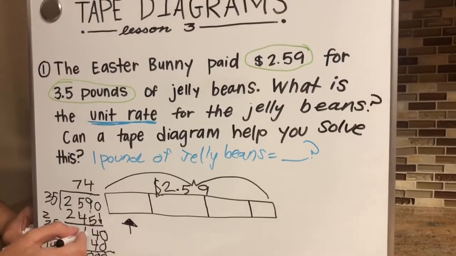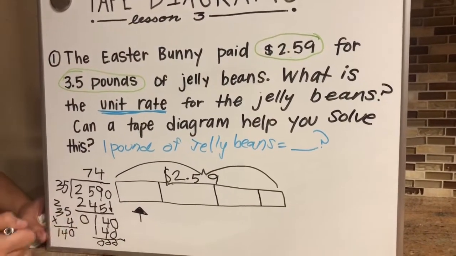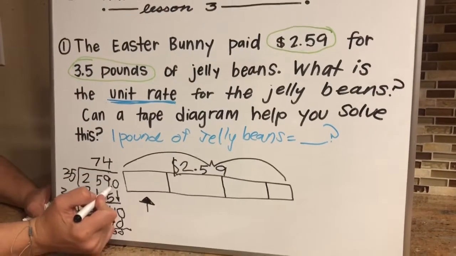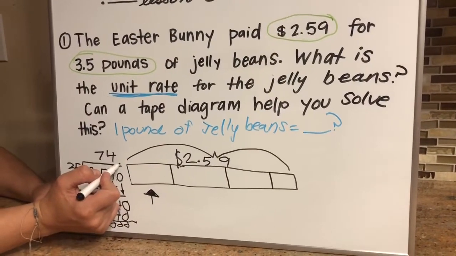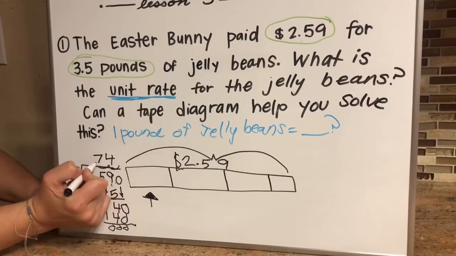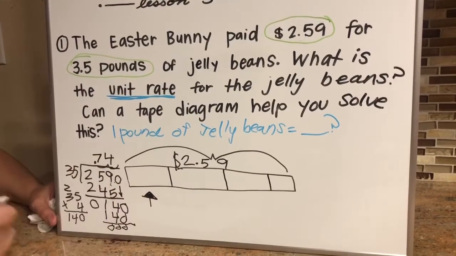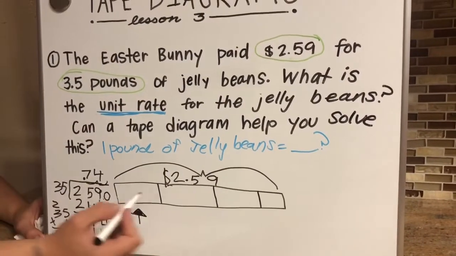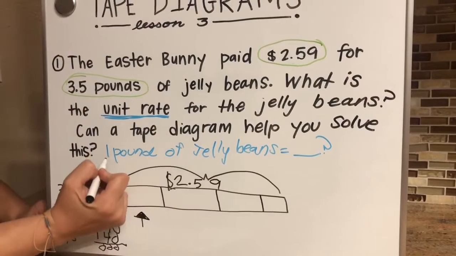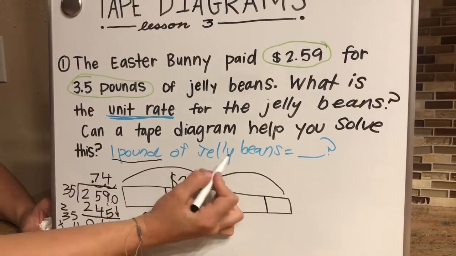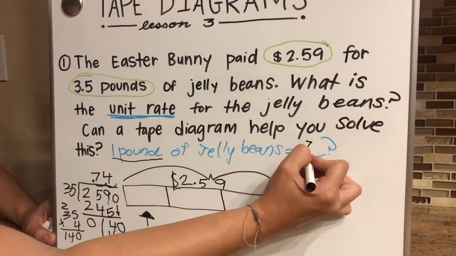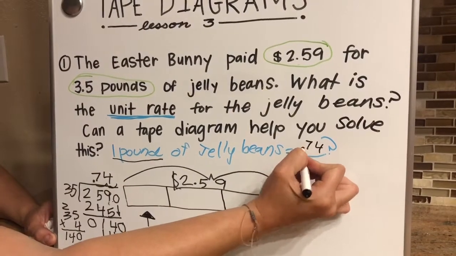We end up with zeros because it goes in evenly. And remember, we had to move the decimal over 2 times. Our answer is going to be 74. So 1 pound of jelly beans equals 74 cents.